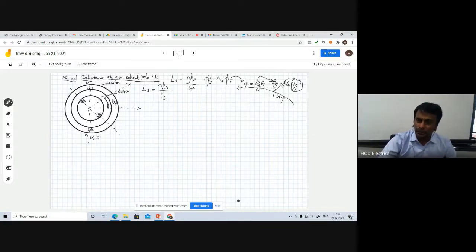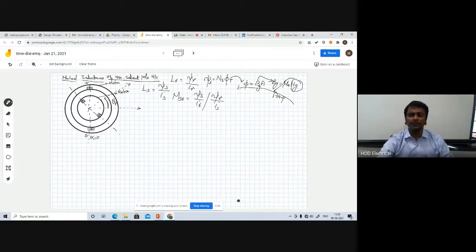For mutual inductance, what will we do? Mutual inductance is nothing but the flux linkages of the stator by exciting the rotor, or the flux linkages of the rotor divided by the exciting stator current. This is the way we find the mutual inductance.